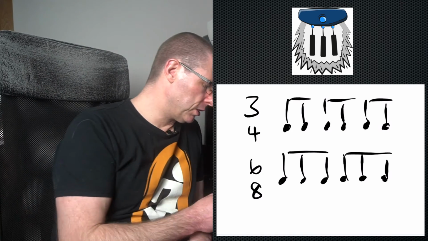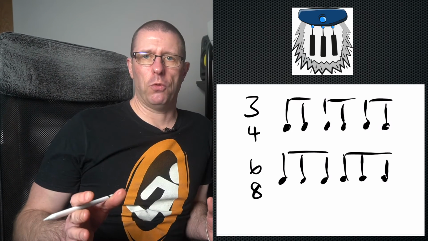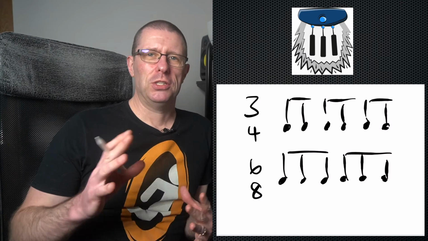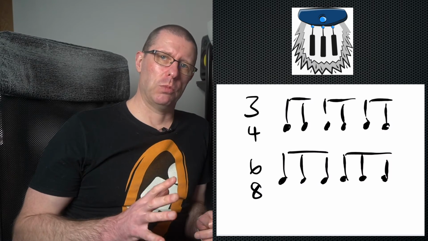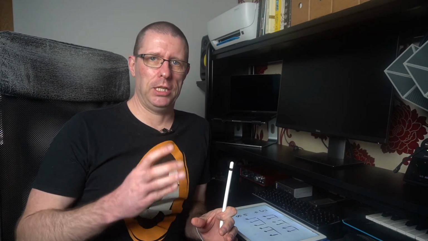Now, the difference is 3/4 has 3 beats in the bar, while 6/8 is counted with 2 beats in the bar. So it can seem a little confusing, but as I said, we want to divide each beat into 3.